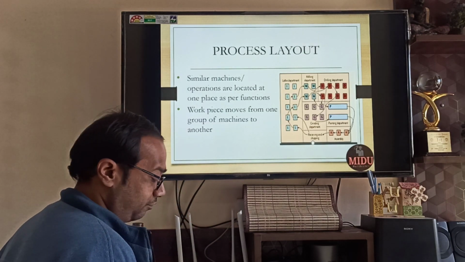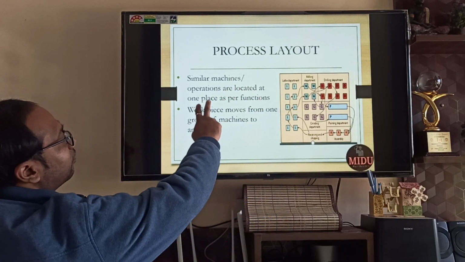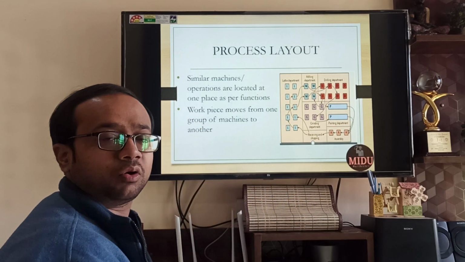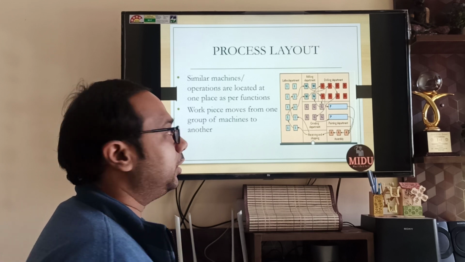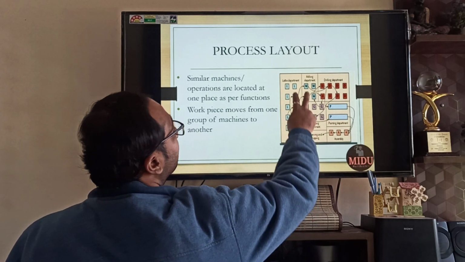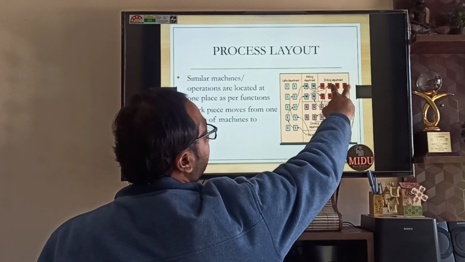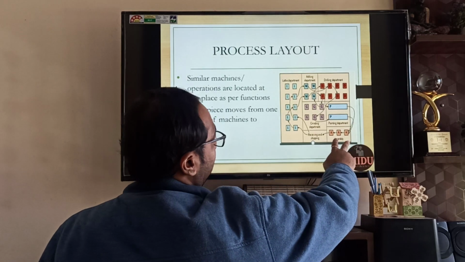So first is, my dear friends, the process layout. Similar machines and operations are located at one place as per function. So basis the function that a machine has to process, you club various machines in one particular section. See this diagram. One is the lathe department, one is the milling department, drilling department, grinding department, painting department, and assembly.